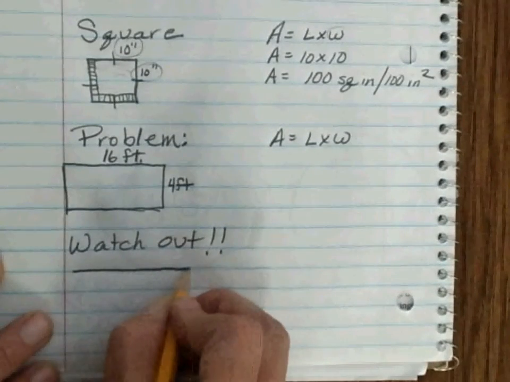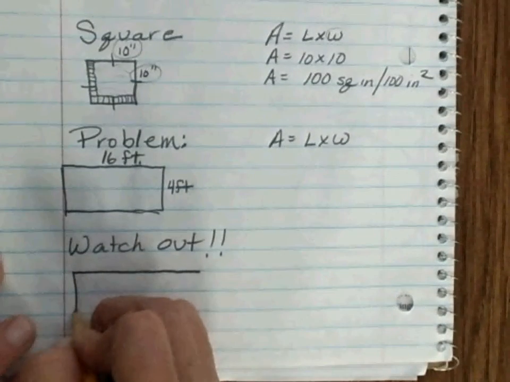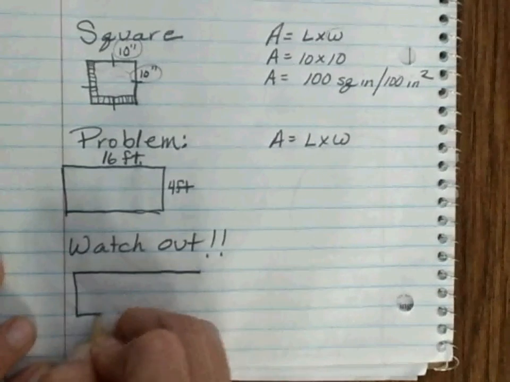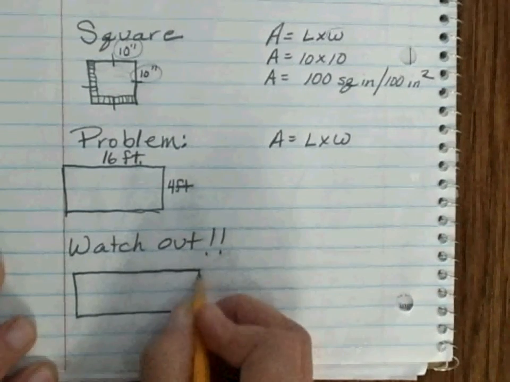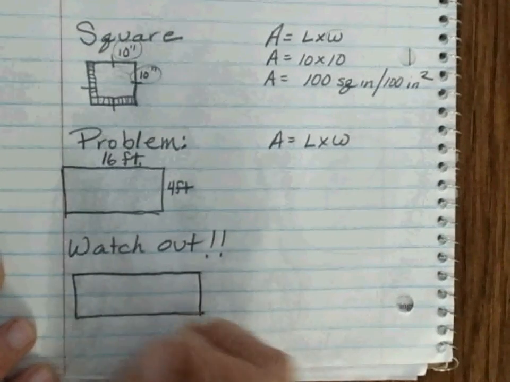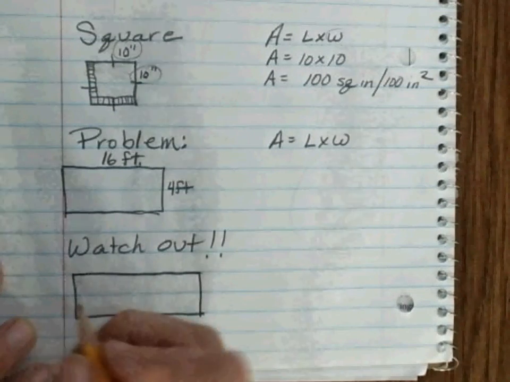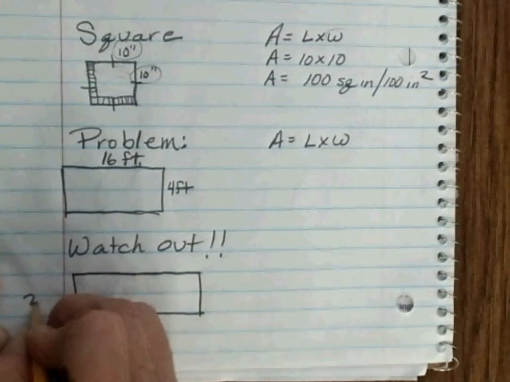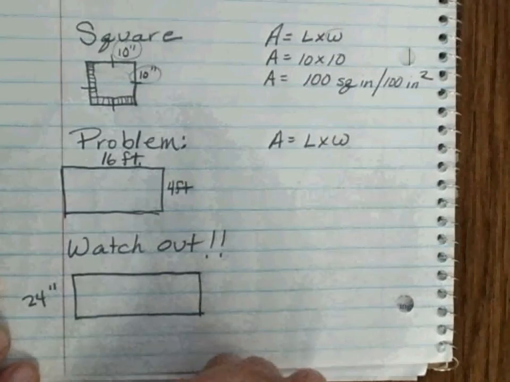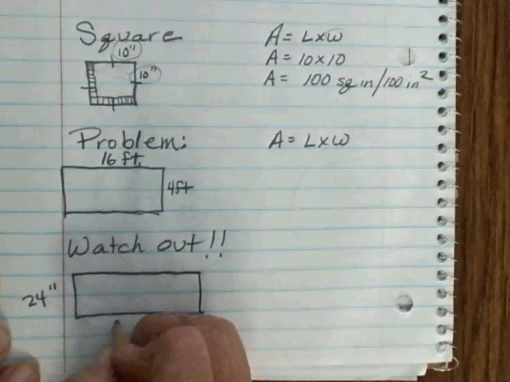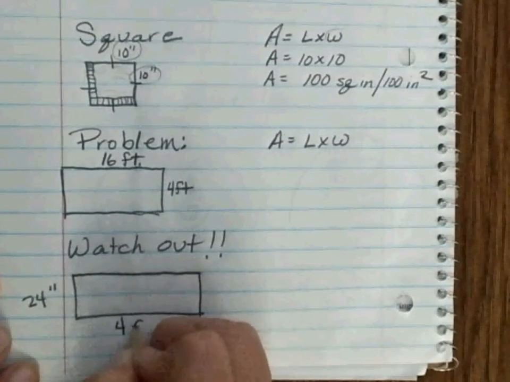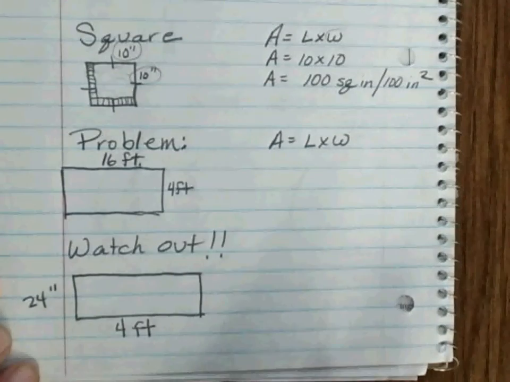Because sometimes in your math homework, you might have a problem like this, where they tell you that the width is 24 inches and the length is 4 feet.